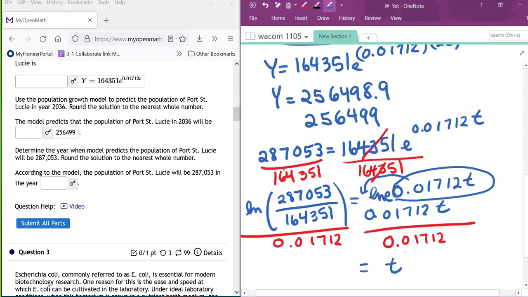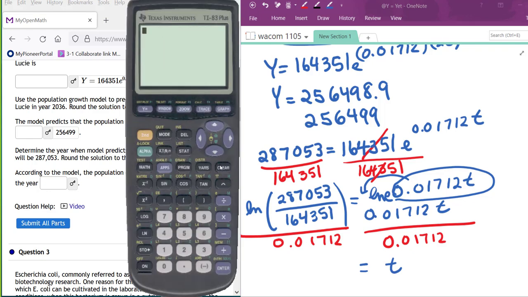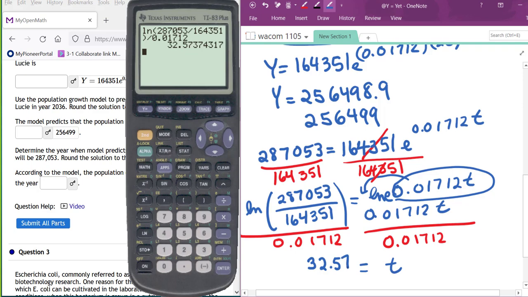So this is what's going in the calculator. So we'll take a natural log, 287,053 divided by 164,351. Close your parentheses. And we'll go ahead and divide by 0.01712. Enter. And we get 32.57.